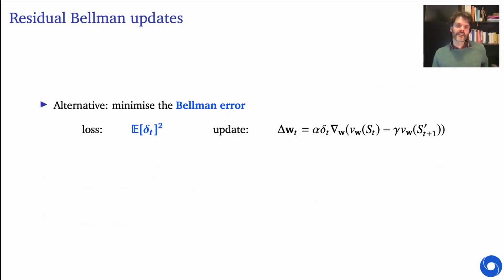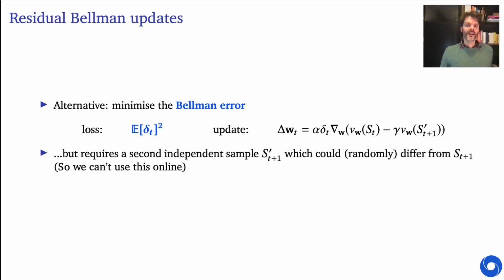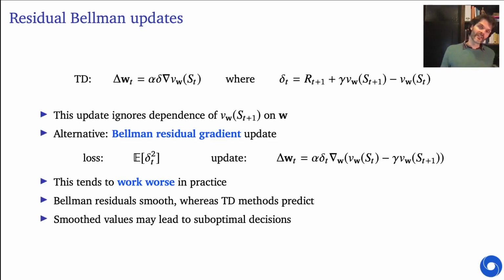Again, we can take the gradient of this, but there's a catch, and the gradient looks very similar to the previous algorithm, but there's this weird S prime there. S prime is a second independent sample of S_{t+1}. So S prime_{t+1} needs to be sampled separately. If you don't sample it separately, you're actually doing this other algorithm that we talked about before, where S_{t+1} is the actual next state that you've seen.